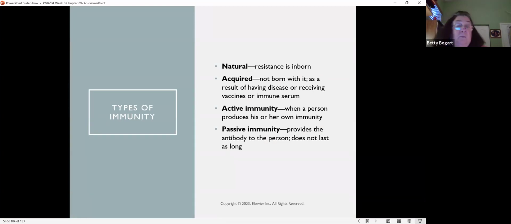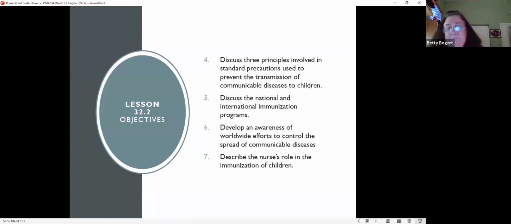Could be a little upper respiratory virus, your body fought it and got rid of it. And then passive immunity provides the antibody to the person. It doesn't last long. That means could be you got an influenza vaccine. It doesn't last that long. You're going to have to get another one to follow it.